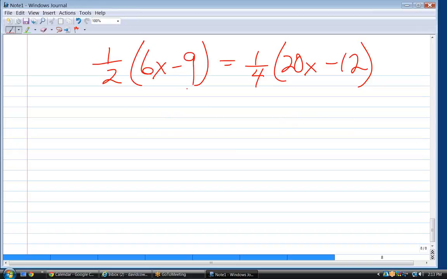If it's a little different, like that, now my first step is not going to be to distribute the fractions. What would the better first step be? The better first step would be to, in fact, maybe factor out this.